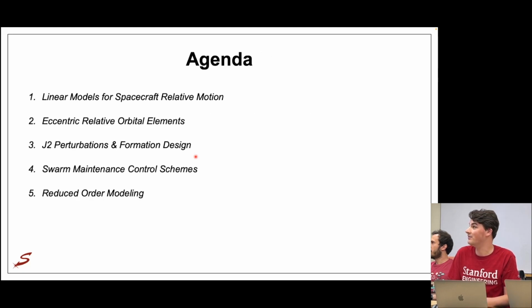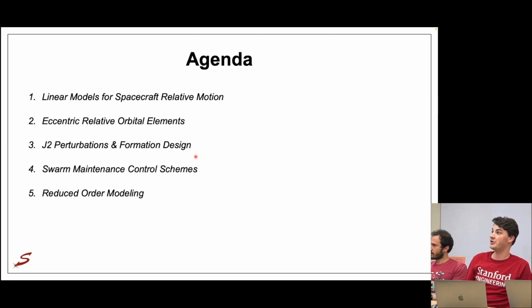Yeah, so on the agenda, it's a pretty broad set of topics today. I'm going to start off with a review of the literature on linear models for spacecraft relative motion. Then we're going to move on to where my contributions start, which is on the introduction of some new relative orbital element sets that have some nice properties in eccentric orbits.